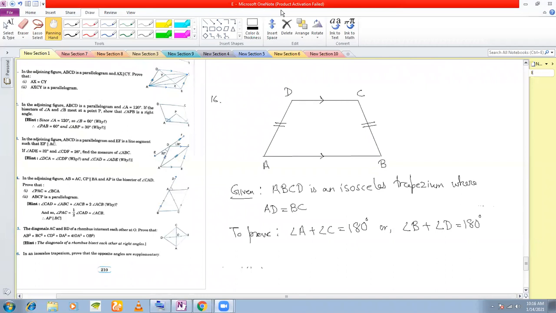Sir, can I tell one? Sir, can I say? Anushka, Sir, can I say? Sir, I can say. Sir, can I say? Sir, Sir, I can say. Can I say? Sir, can I say? yes, Ria, tell me what is the property of an isosceles trapezium? Yes, sir. Anushka, tell me a property of an isosceles trapezium.